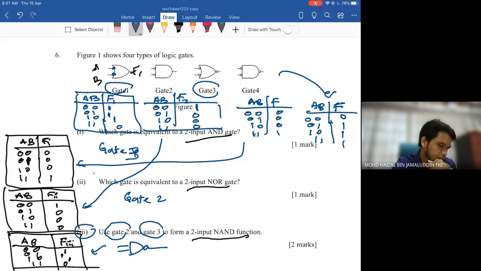Gate 2 and gate 3 to represent the NOR. So this one, I also don't remember. So how NOR? NOR is equivalent to this plus this.